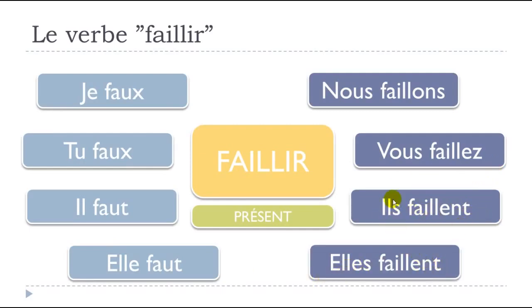Before continuing, let's admit that it is really rare to hear or to see these forms. But they do exist, so that's the reason why I thought it was important to show these forms to you.